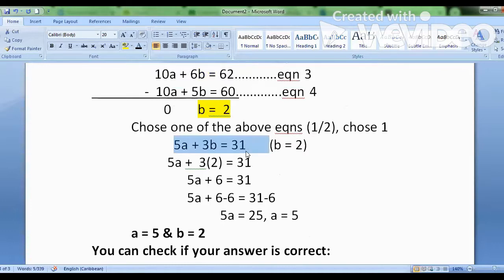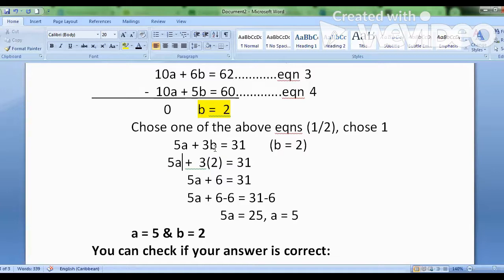I follow the second statement, 5A plus 3 open bracket 2 close bracket equal 31, but I don't understand how you get that.